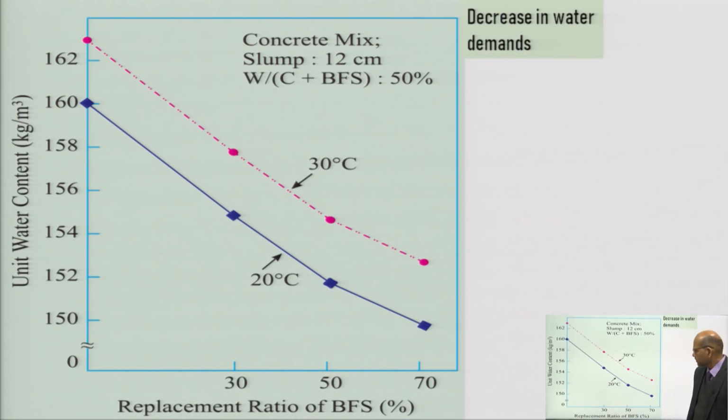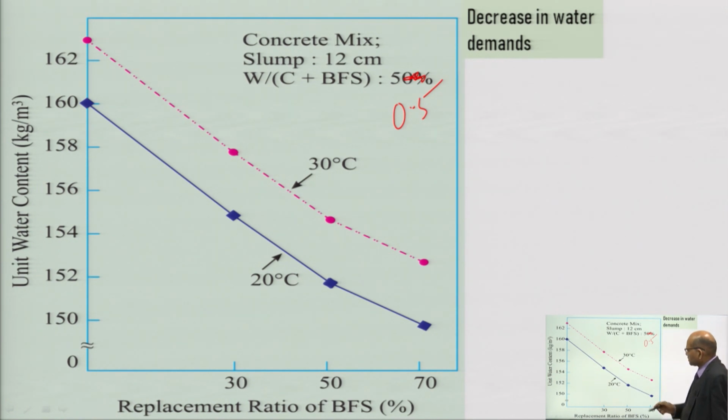So, if you see here, this is the unit water content. This is a concrete mix for a slump of 120 mm. Here they have considered a water cement ratio of 0.5, water plus cement plus BFS, sorry, it is a 0.5 water cementitious ratio.